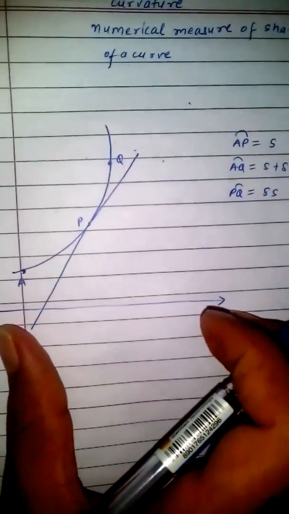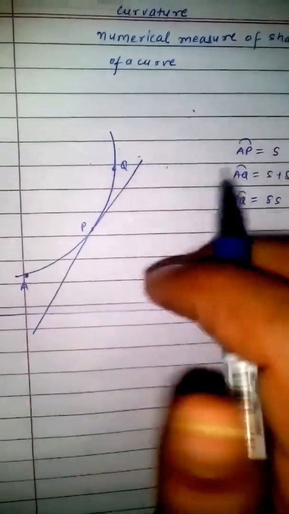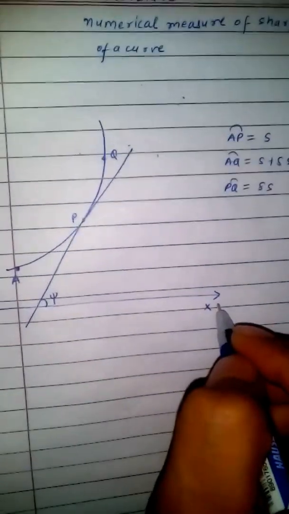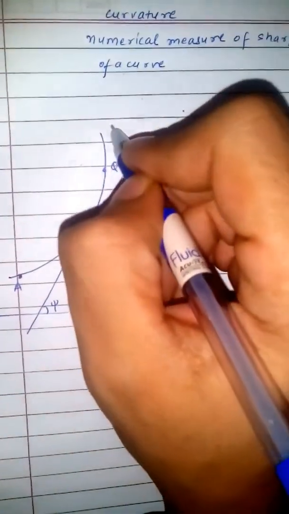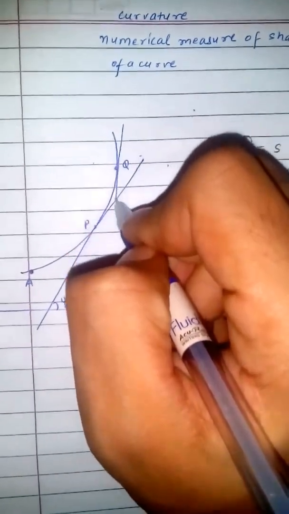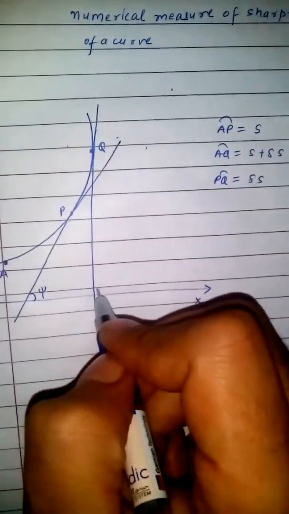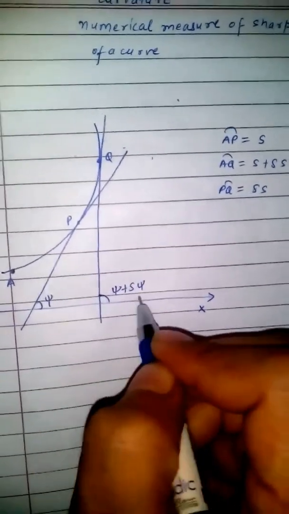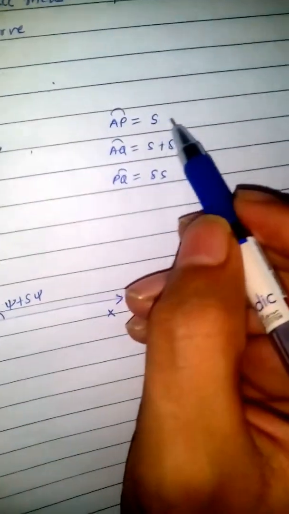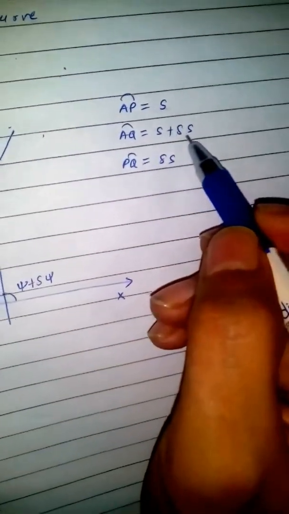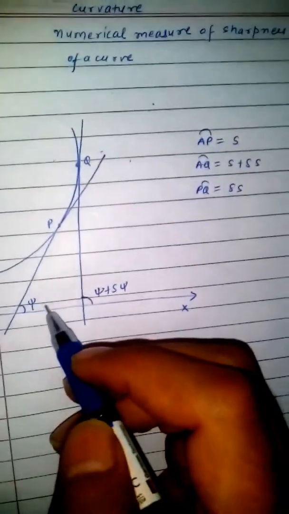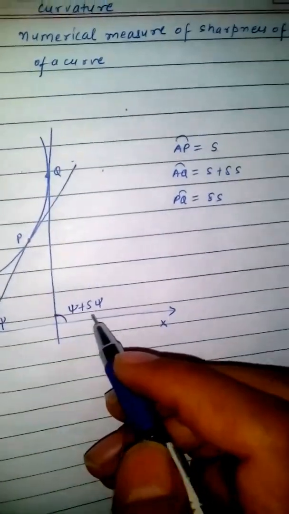The tangent at the point P makes an angle of psi with the initial line, and the tangent at the point Q makes an angle psi plus del psi.